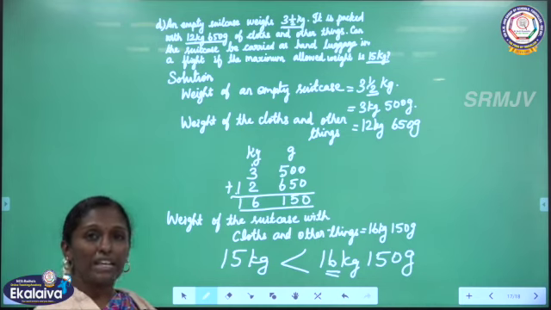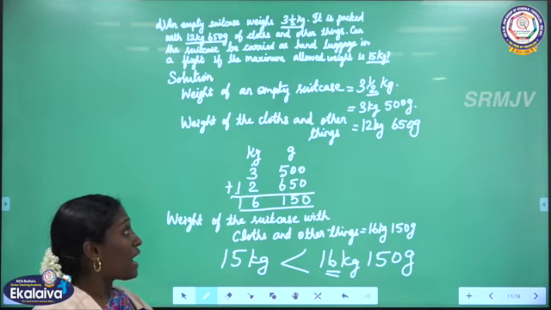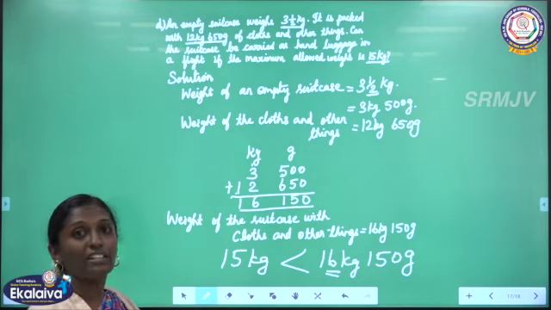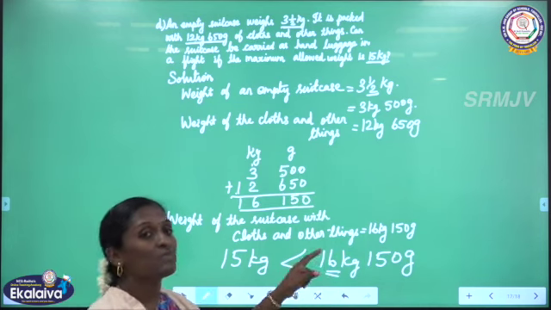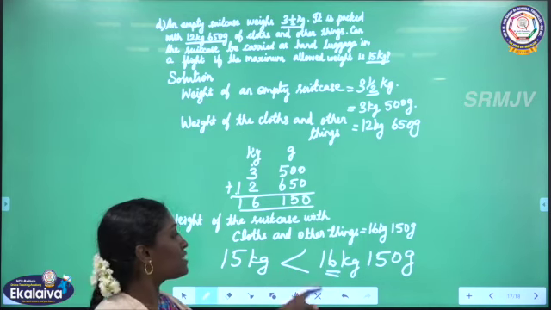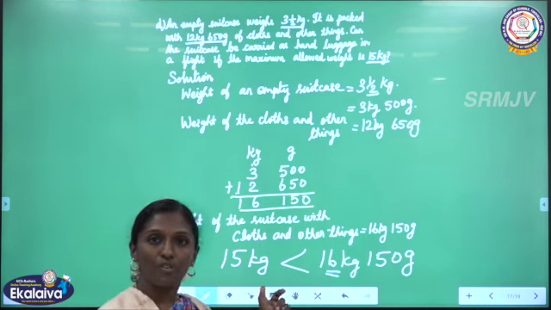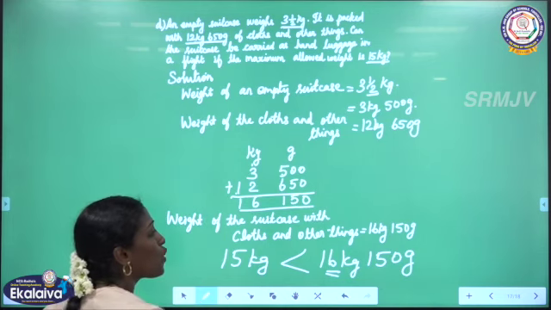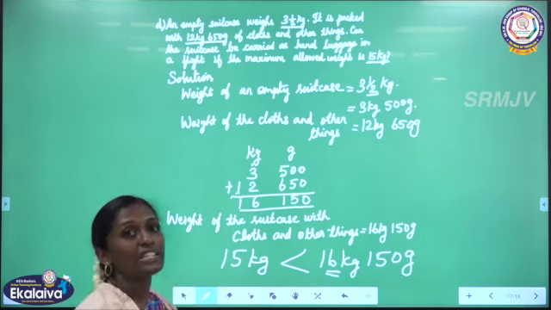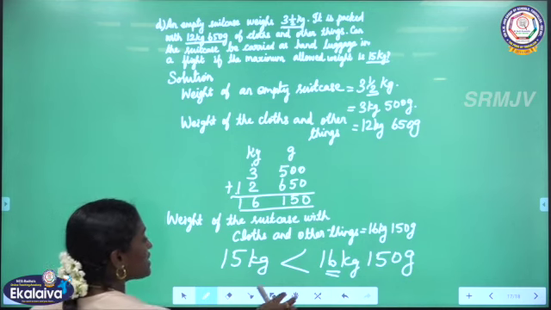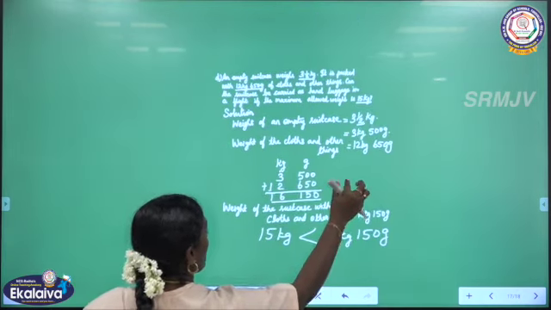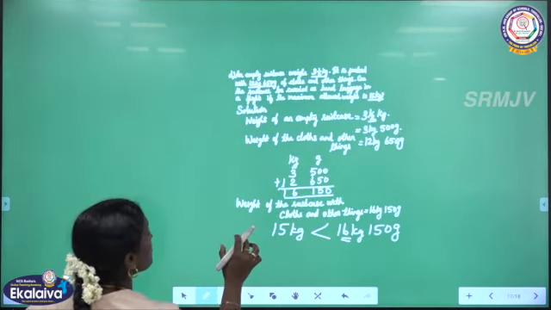So we can't take the suitcase as a hand luggage. Is it clear? The weight of the suitcase with cloth and other things is greater than the allowed weight in flight. So we can't take the suitcase as a hand luggage. Is it clear, children? So we have to write the answer.